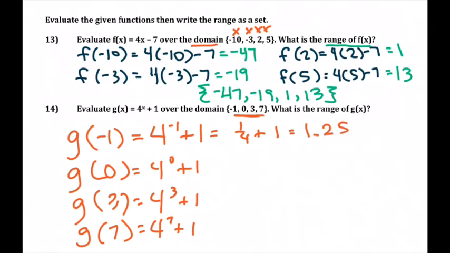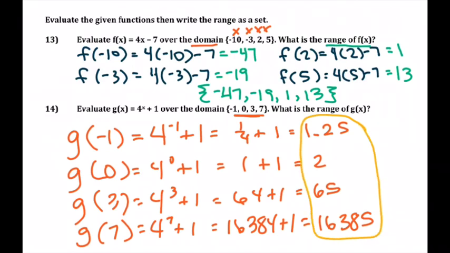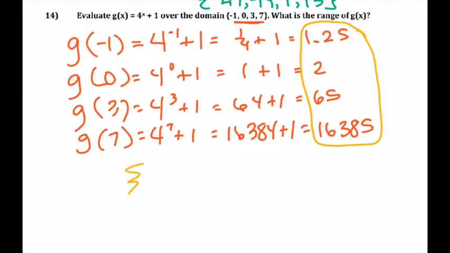You can use decimals for this. 4 to the 0, remember that that's 1, plus 1 is 2. 4 to the third is 64, plus 1 is 65. And 4 to the 7th, plus 1, 16,384 plus 1 equals 16,385. So I'm going to take these numbers right here. That's my range.